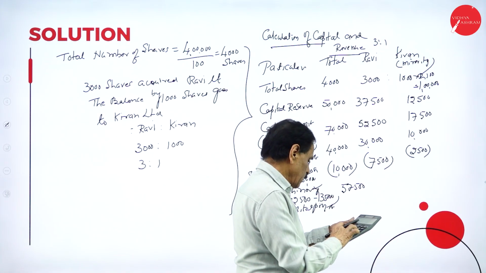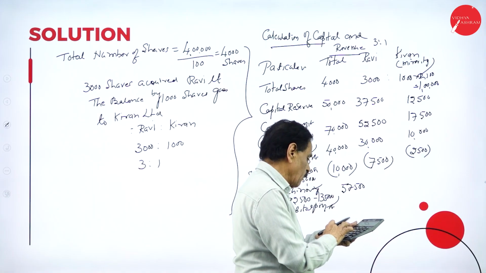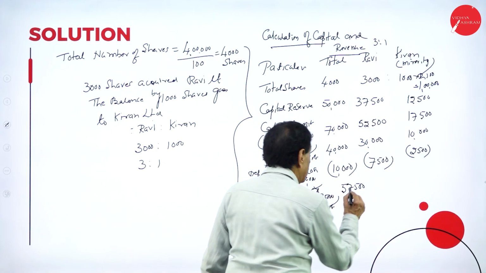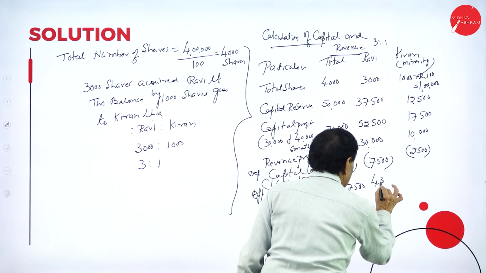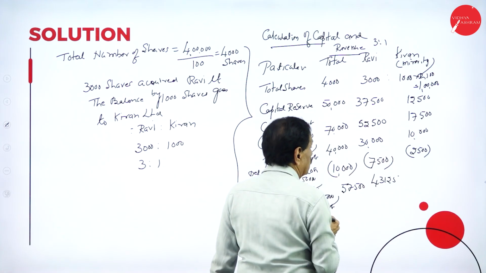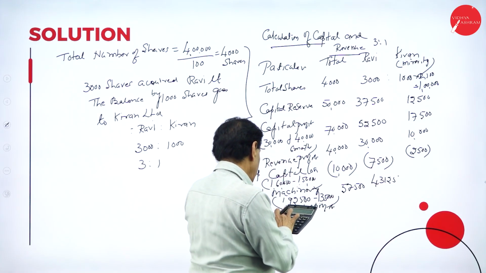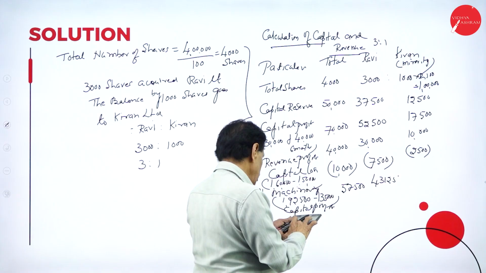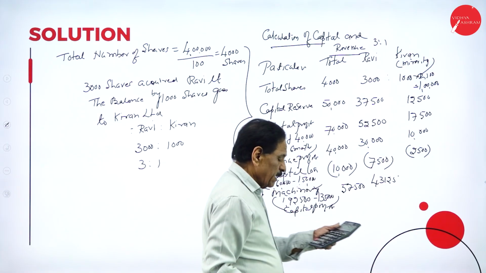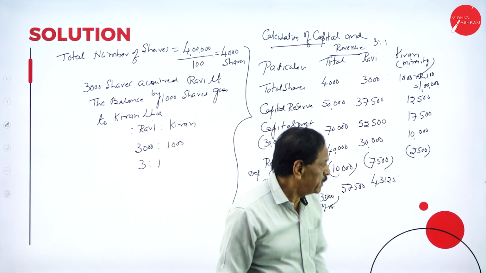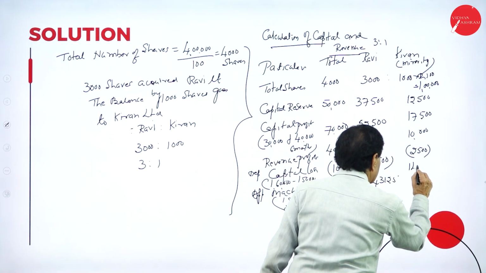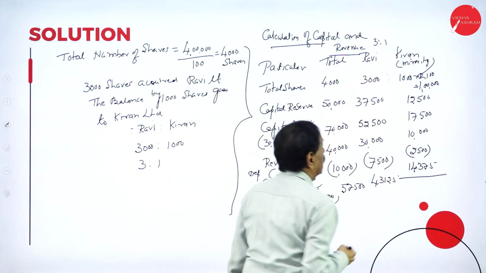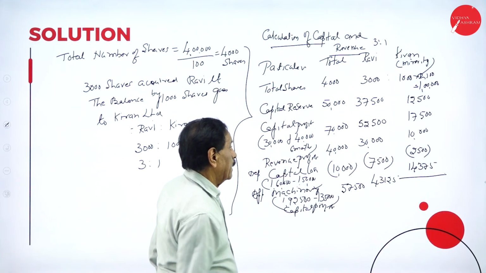57,500 into 3 divided by 4 comes to 43,125. Minority: 57,500 into 1 divided by 4 comes to 14,375. Now you have to add.